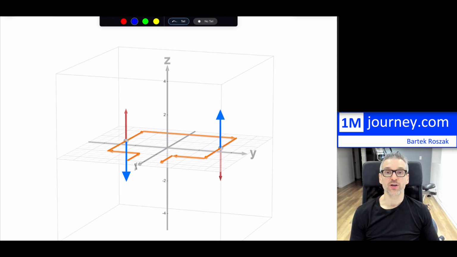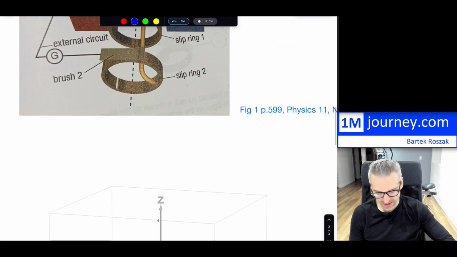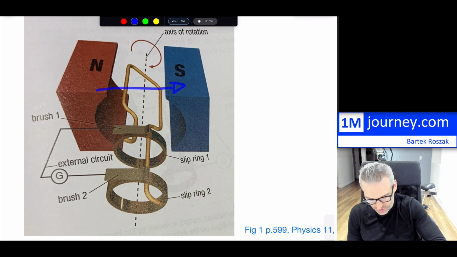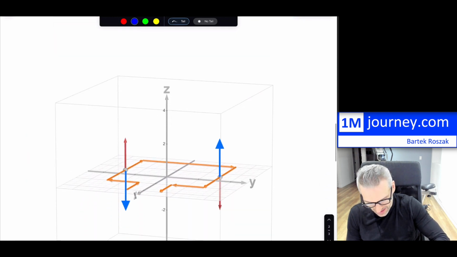So now you can just go ahead and use your right-hand rule. Your right-hand rule will tell you in which direction is the magnetic field. That's not very difficult to see because the magnetic field is from north to south. So we know that the magnetic field is pointing in this direction.